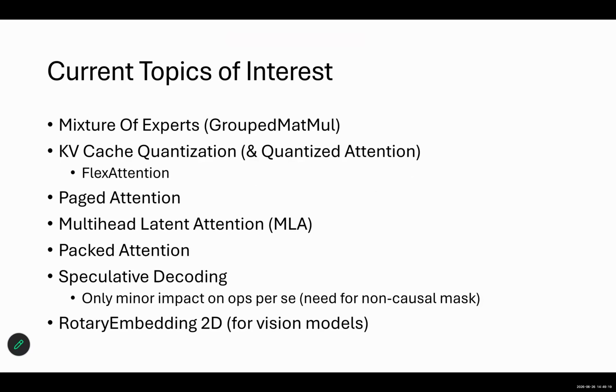I already mentioned mixture of experts, group MatMul, for example. Now, KV cache quantization is also becoming more important, which is also related to quantized attention. They're slightly focused on different aspects of quantization in the attention context. And again, that is something I think we need to get a handle on.